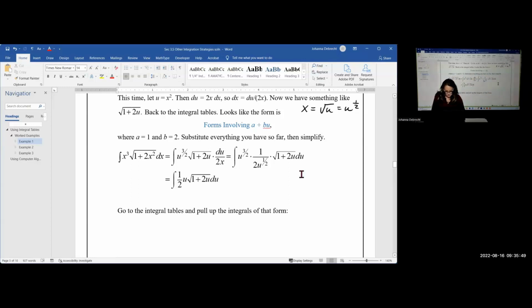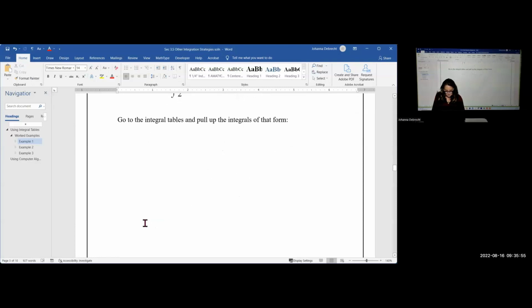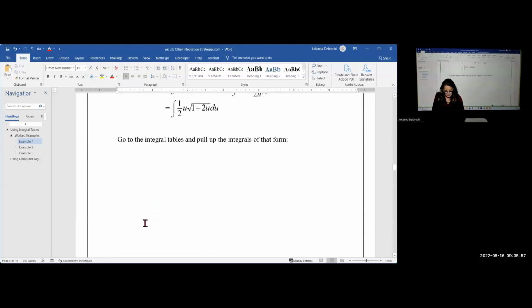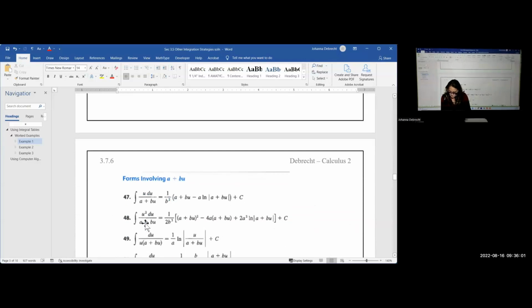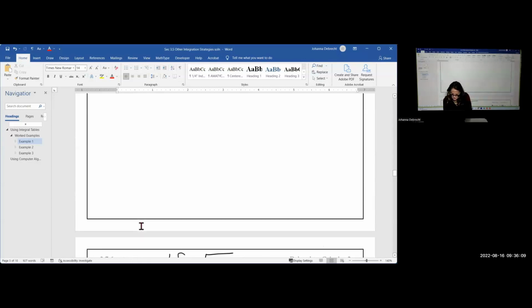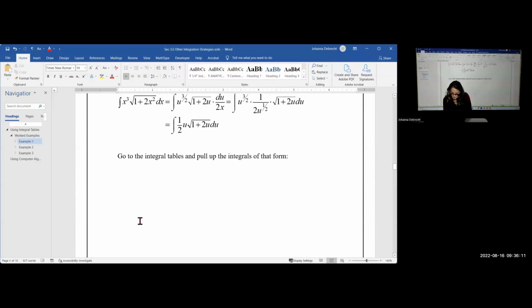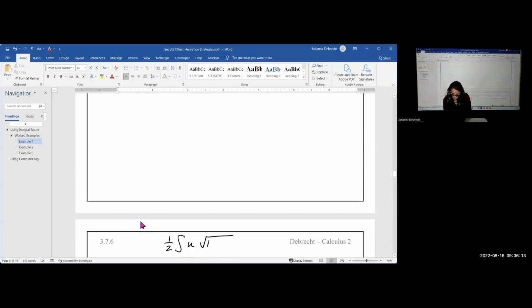So let's go to the integral tables and pull that up and see what we've got. So we've got 1/2 u square root of 1 plus 2u. So let me write the integral up here. Was it plus or minus? I can't remember. 1 plus 2u du.